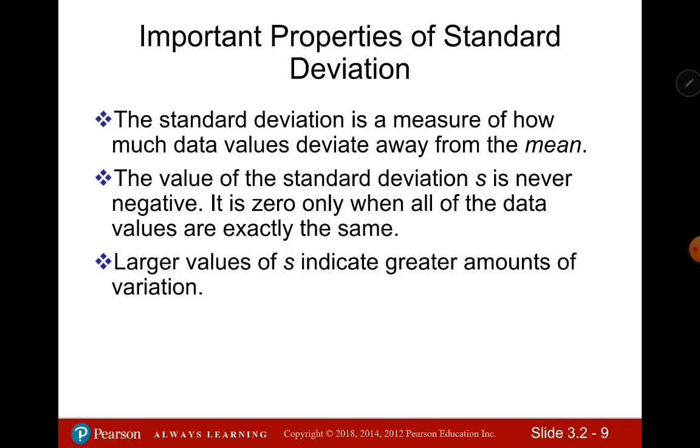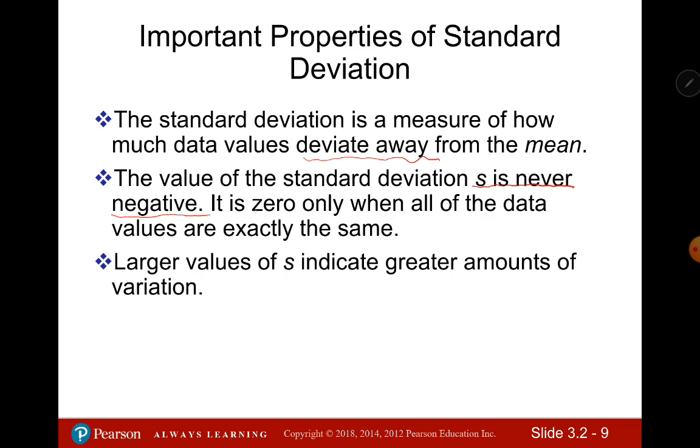So let's check the properties of standard deviation. First of all, it's a measure of how each value deviates away from the mean. So we just want to measure how far the values are away from the mean. If we go back to check the formula, you will realize we have the square root in our formula, which means standard deviation is never negative.